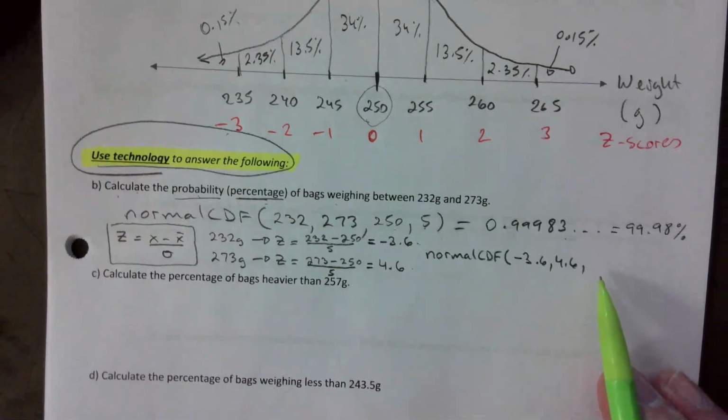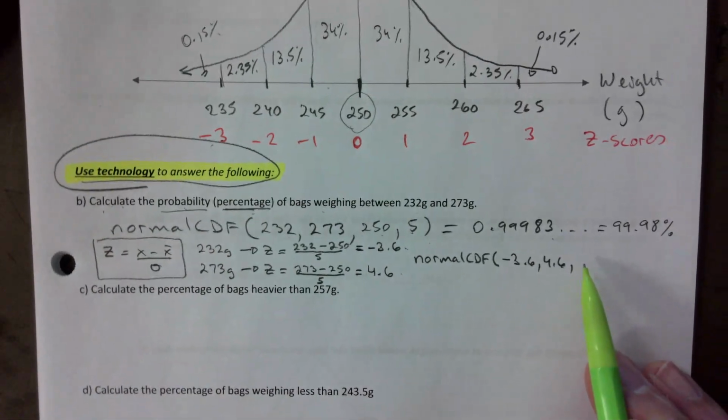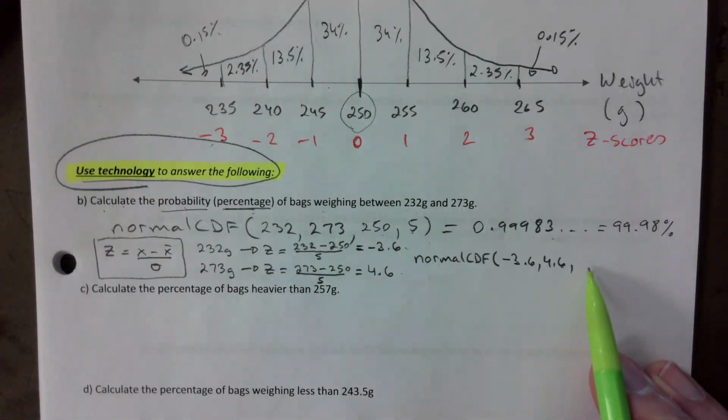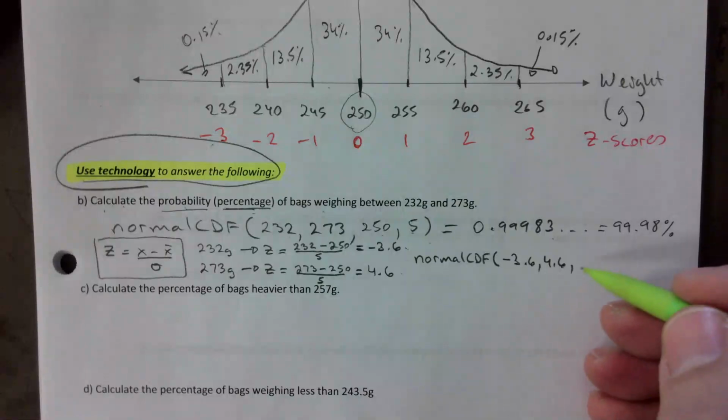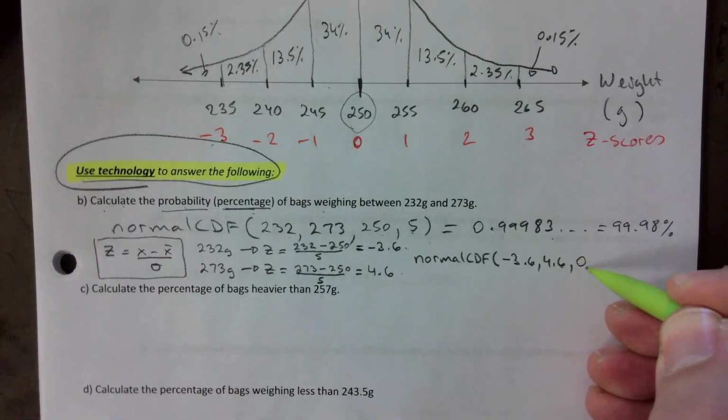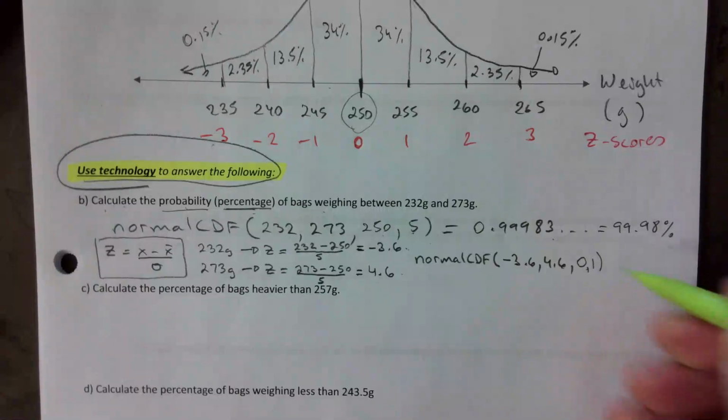What do I put down for mean and standard deviation? What's the mean and the standard deviation if I'm talking z-scores? 0 and 1. Okay? So your mean is 0, your standard deviation is 1.